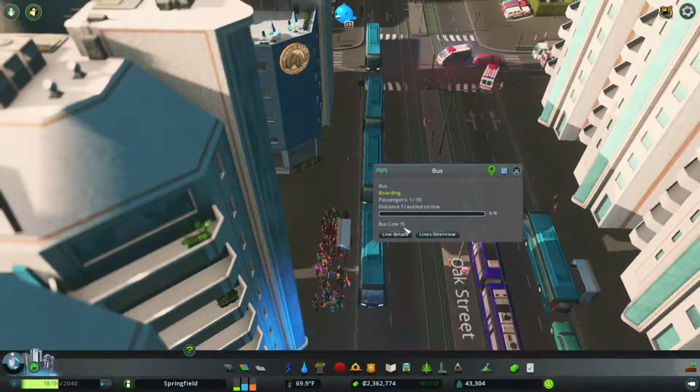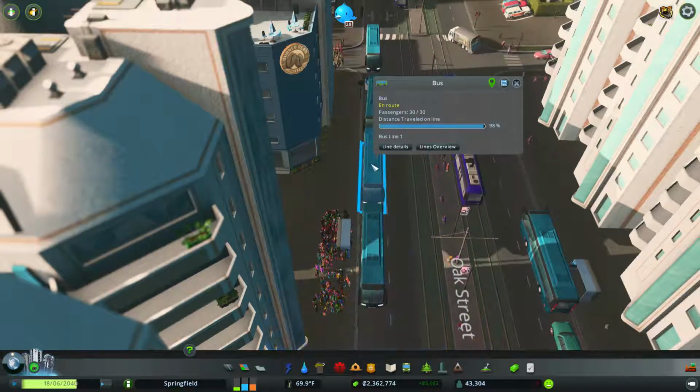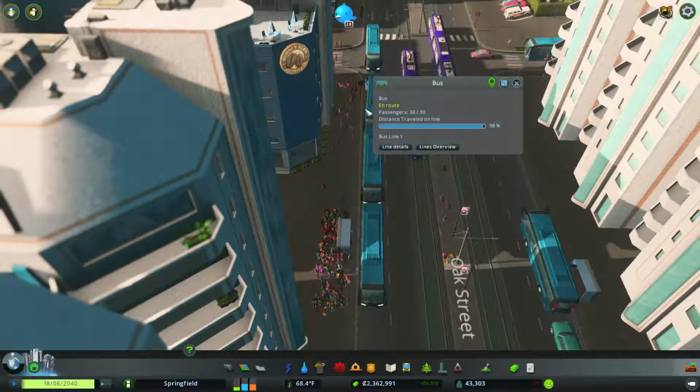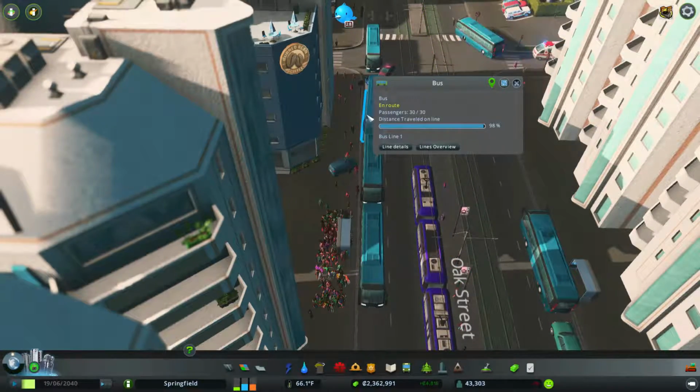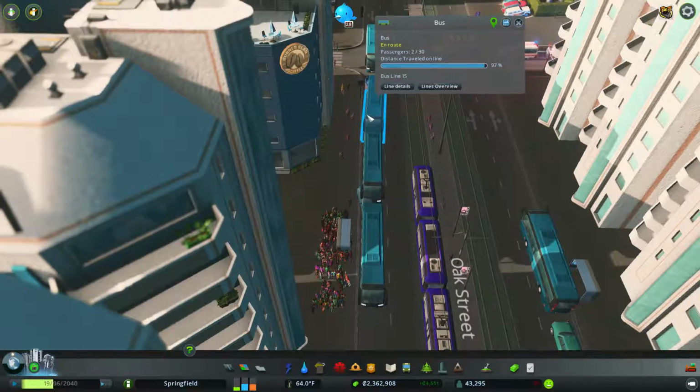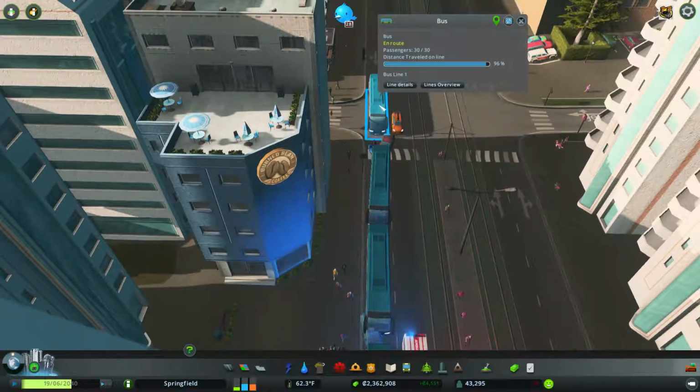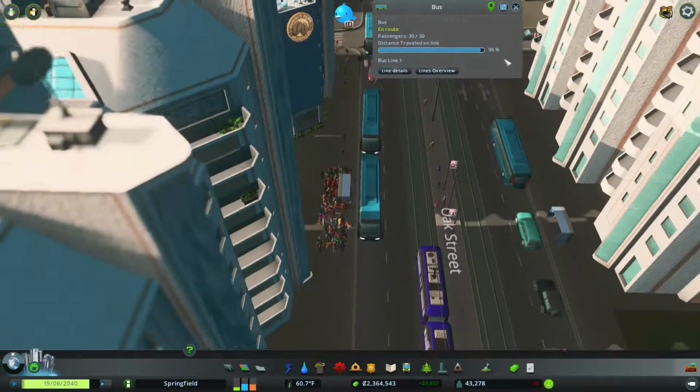So that one's on bus line 15. This one's bus line 1, and it's already full. Pretty much. This one's on 15, and it's already full. But 1, and it's already full.